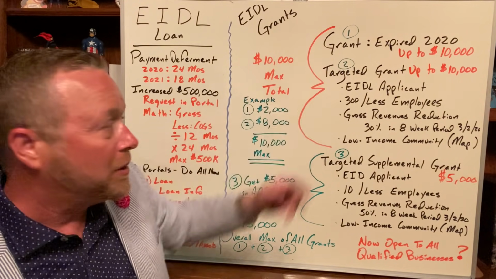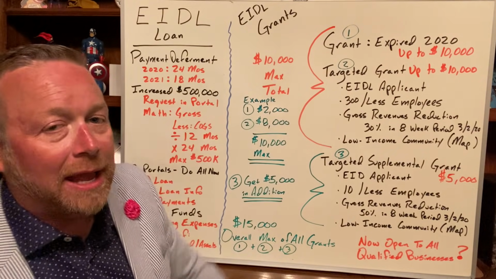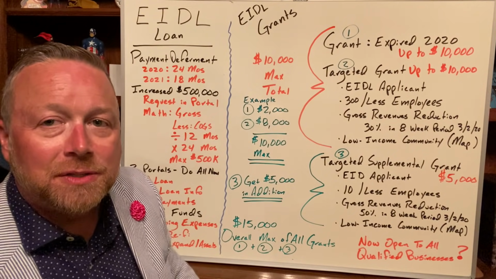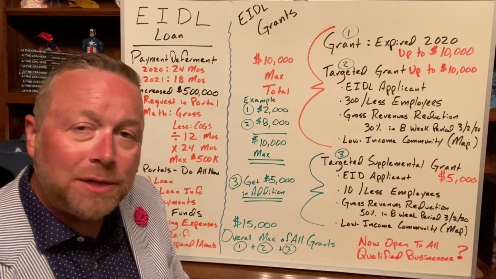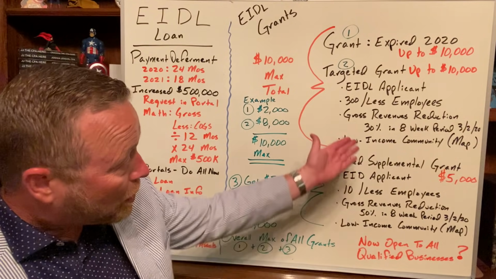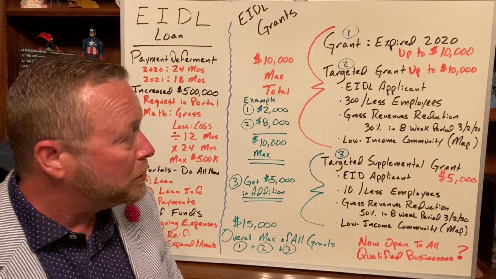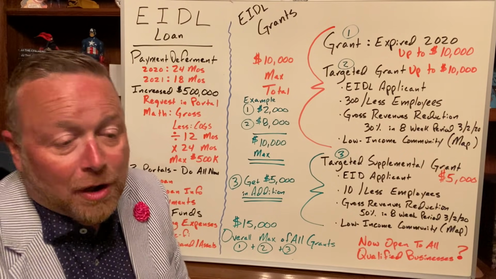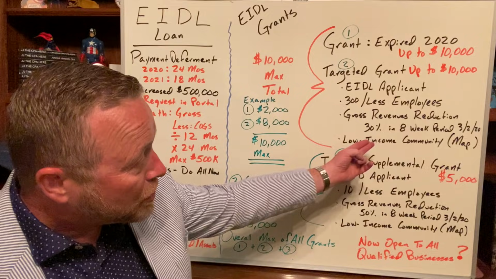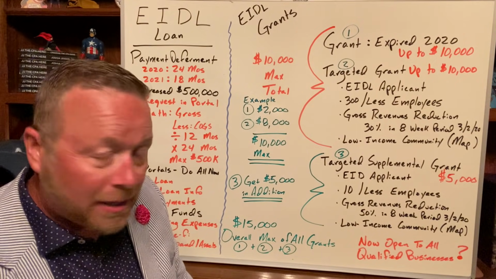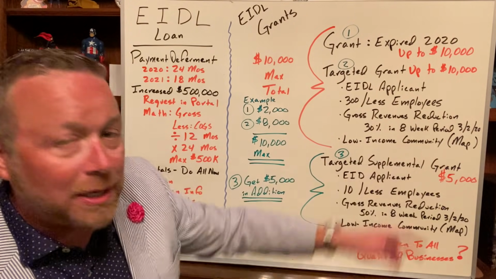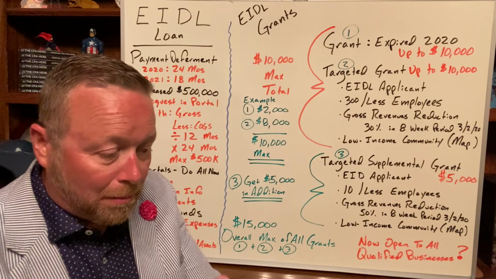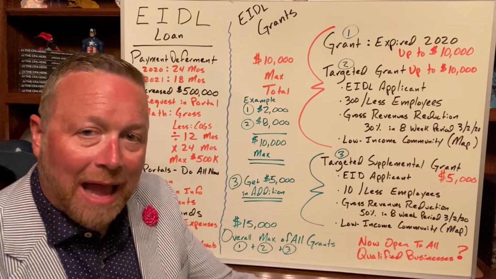We have the targeted grant, and on the targeted grant, it's for those businesses that have 300 or less employees and to qualify, you would have gross revenues that reduced at least 30% in an 8-week period starting March 2nd, 2020 or after.